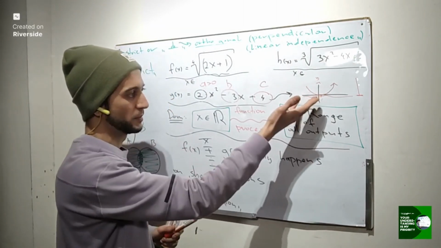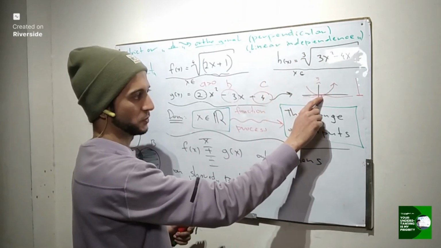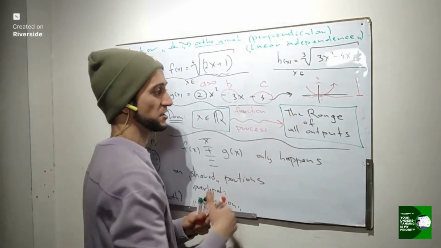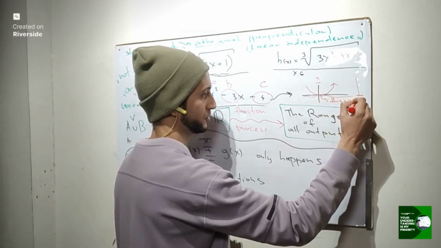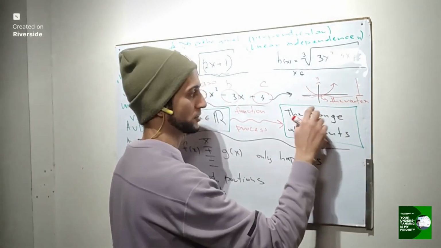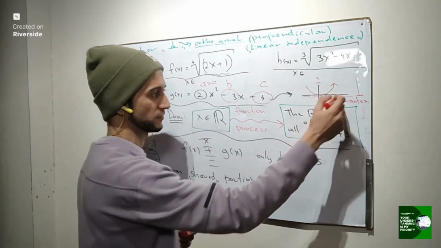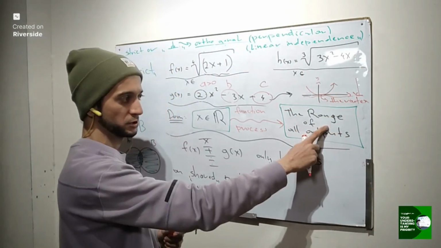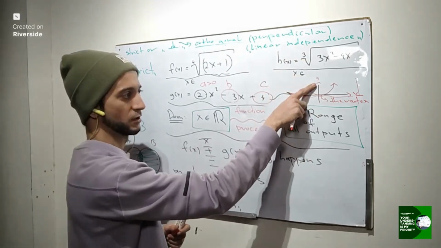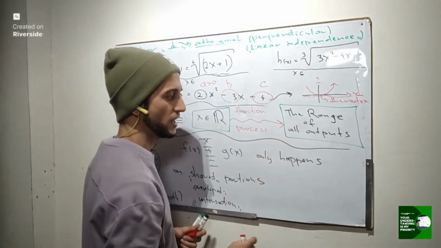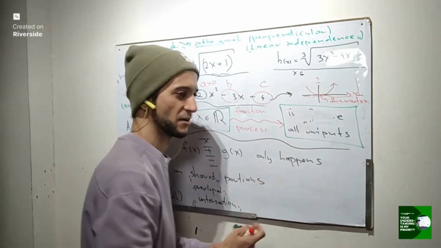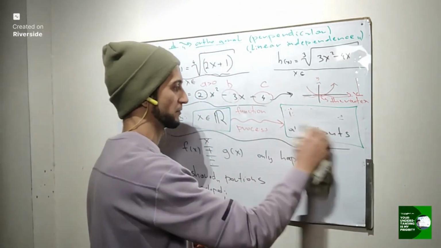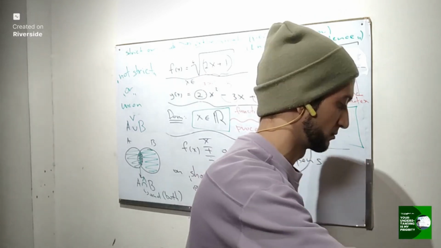His range will be bigger or equal to some particular position. And that position will be the vertex, of course. And you're not going to use all of the coordinates of the vertex, right? You're not going to use both of the coordinates for your range. You will only use the coordinate of the answer, which is the y coordinate. So you'll say, oh, the range of this guy will be, I don't know, greater or equal to something, whatever that something is.